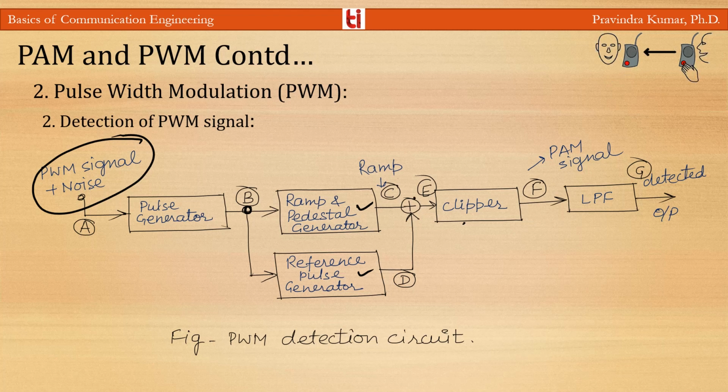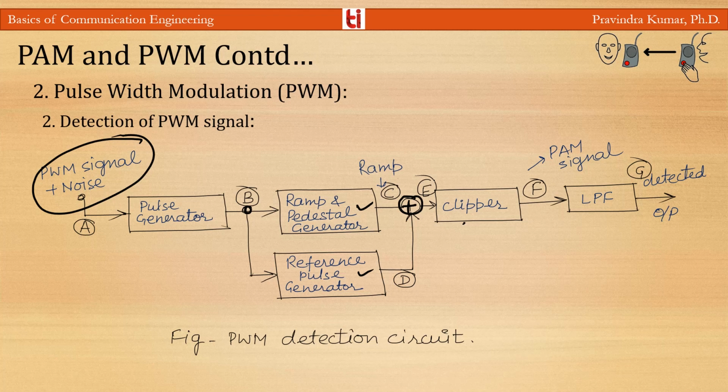At the end of the pulse, a sample and hold amplifier retains the final ramp voltage until it is reset at the end of the pulse, and the constant amplitude pulses at the output of the reference pulse generator are then added to the ramp signal. So here they are added.